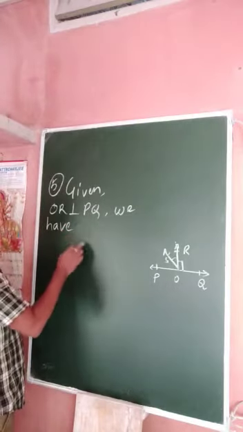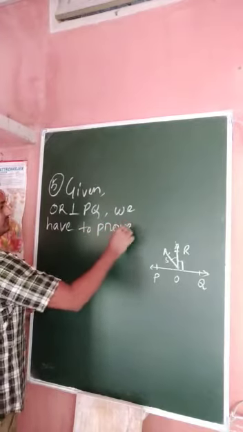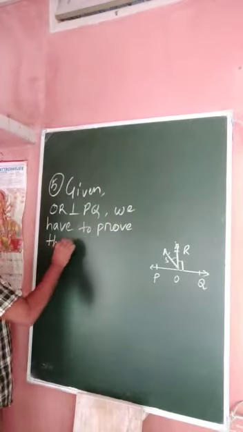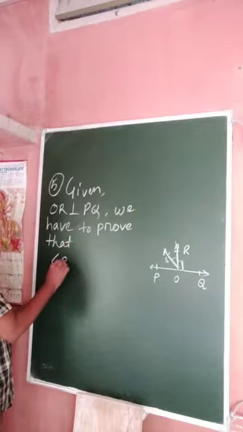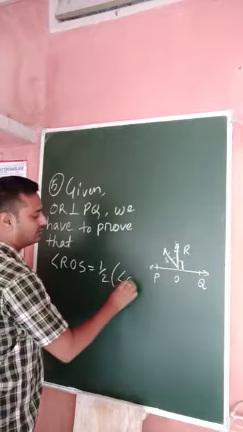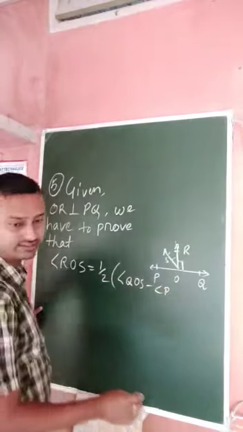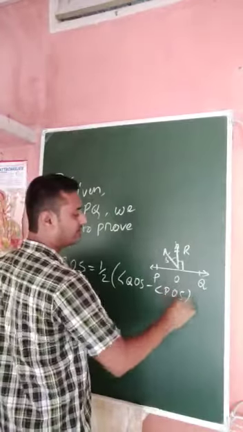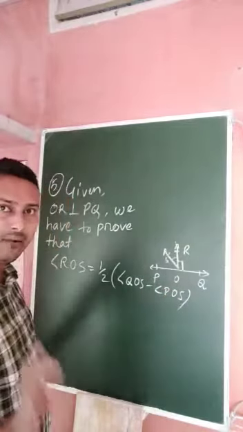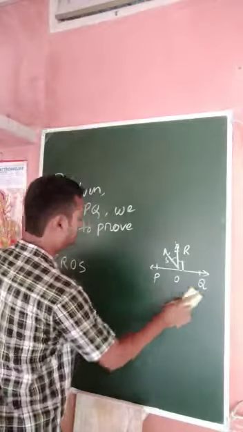So given OR perpendicular PQ, we have to prove that angle ROS is equal to half into QOS minus angle POS. Okay, this thing we have to prove. Clear? After writing this, you just write the proof.